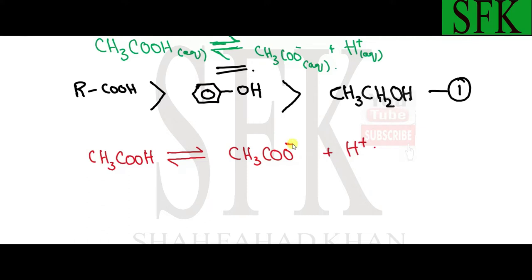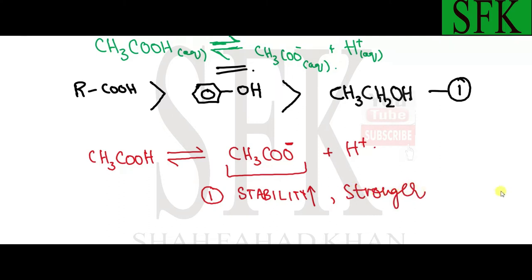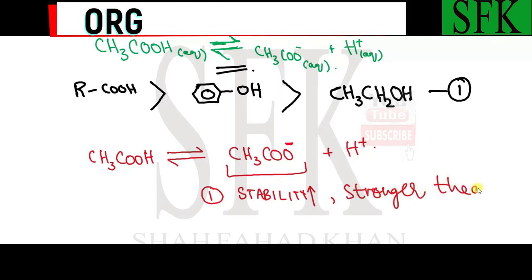Now always remember one thing: there is a general relationship. The more stable the base, the stronger the acid. So the greater the stability of this conjugate base, the stronger the acid.